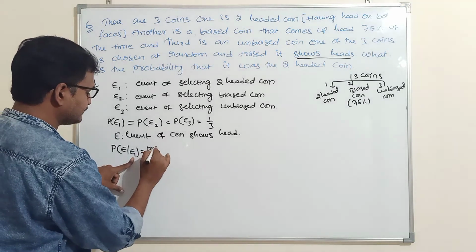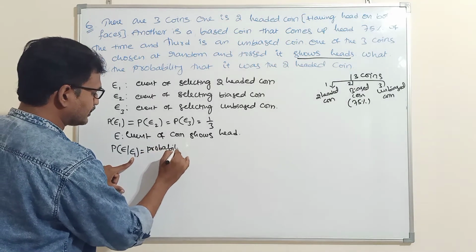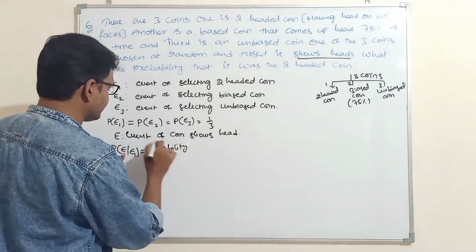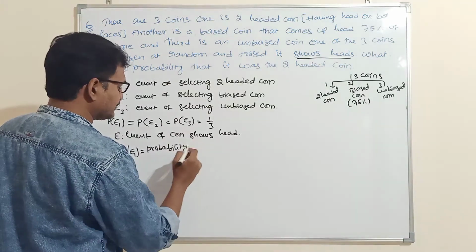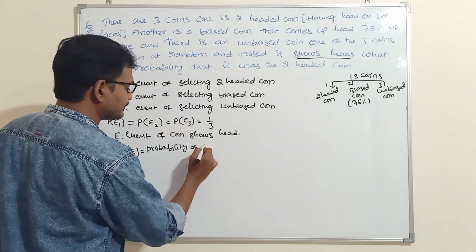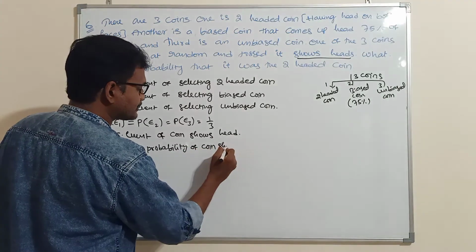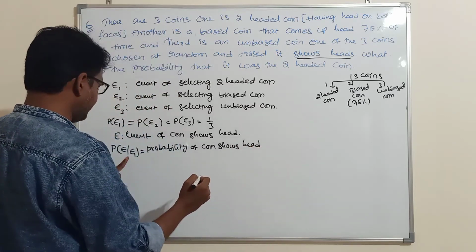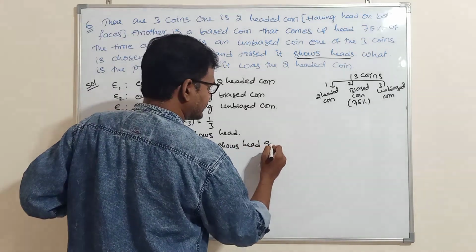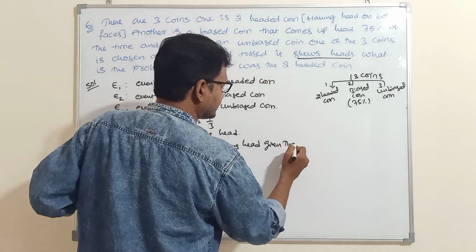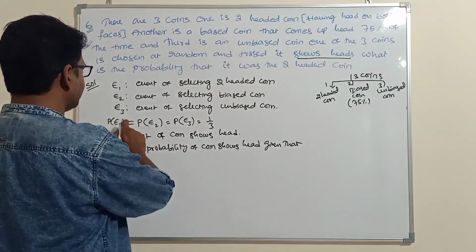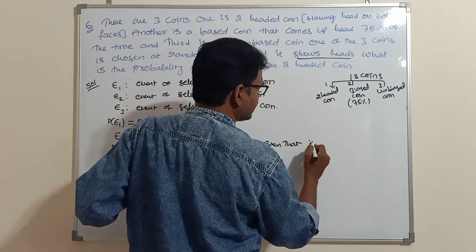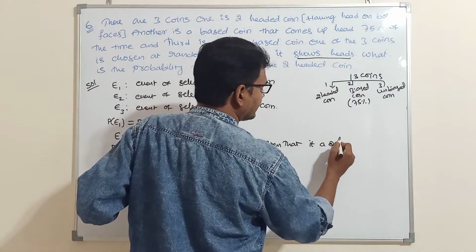P of E given E1: E means the event that the coin shows head, and this is the given symbol. E1 means the event of selecting the two-headed coin, given that it is a two-headed coin.